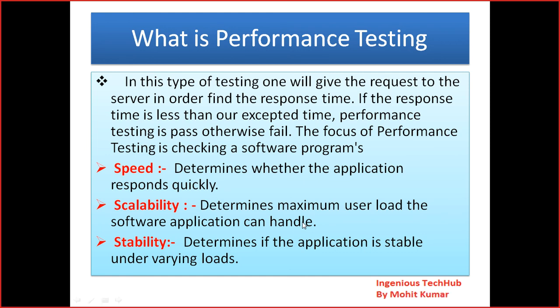One will give the request to the server in order to find the response time. If the response time is less than our expected time, then performance testing passes, otherwise it fails. We have some tools so we can check the response time. For example, I have a response time of 1 second.